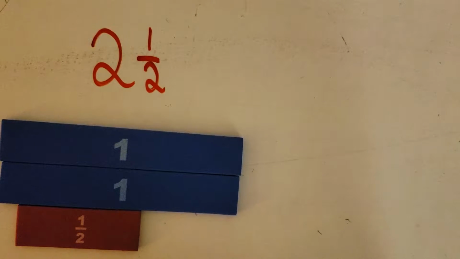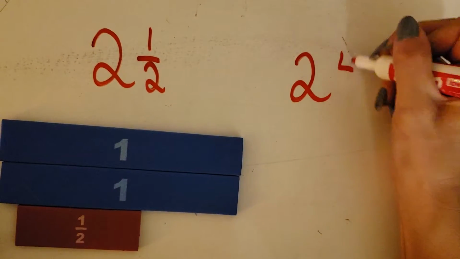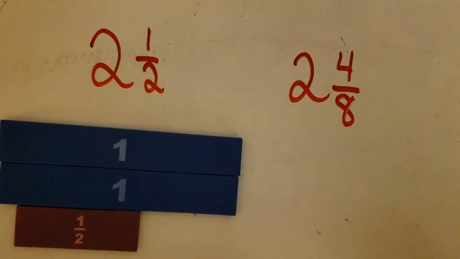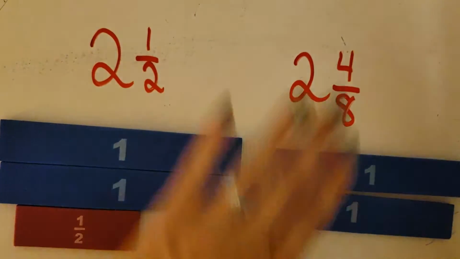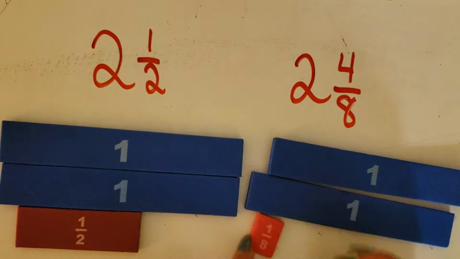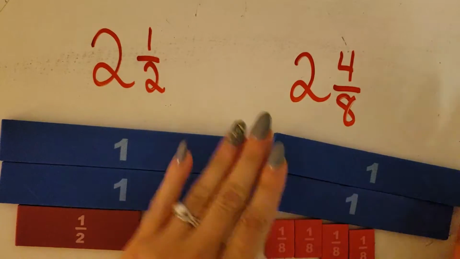And the equivalent fraction of 2.5 would be 2 4/8. And here you can see 2 4/8. 1/8, 2/8, 3/8, 4/8.